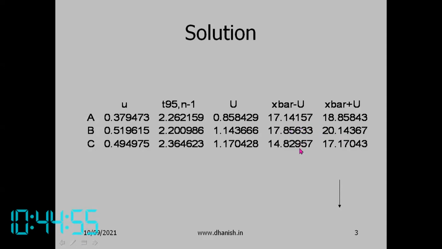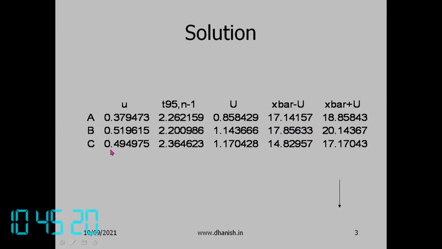Similarly, to compare car B and C, car C has coverage interval 14.83 to 17.17. This is definitely below the coverage interval of car B, 17.85 to 20.14. So between B and C, you can say that C is definitely worse.